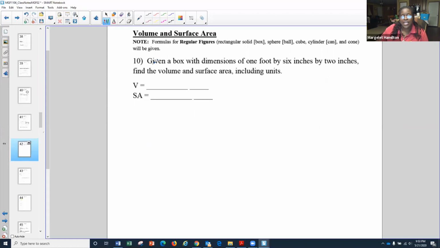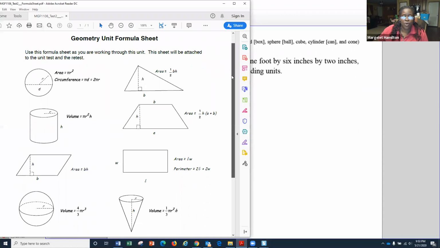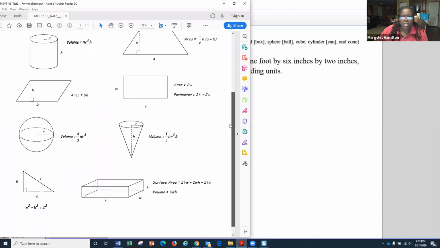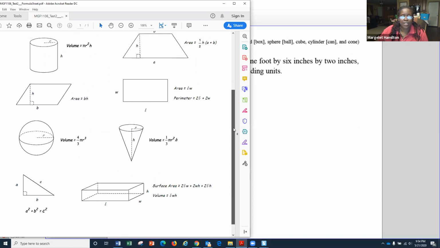So the lay word is box, but we're talking about a rectangular solid. You notice they didn't give us a picture. You can go to your formula sheet and find a rectangular box. And that's going to be down at the bottom.